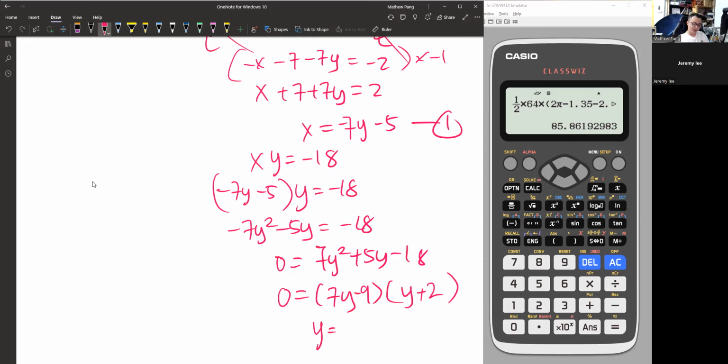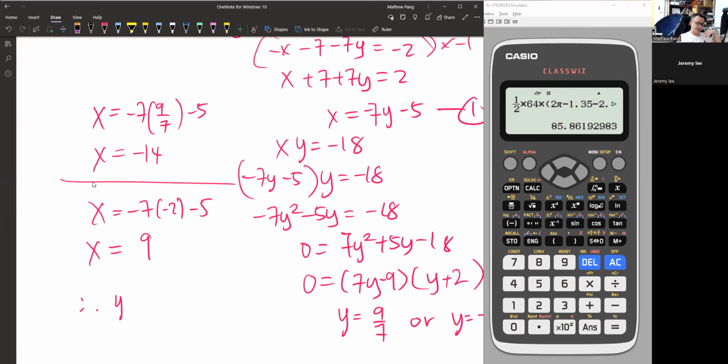Okay, so I got the answer. Let's write the x first. x is negative 14, then y is 9 over 7. When x equals 9, then y equals negative 2.